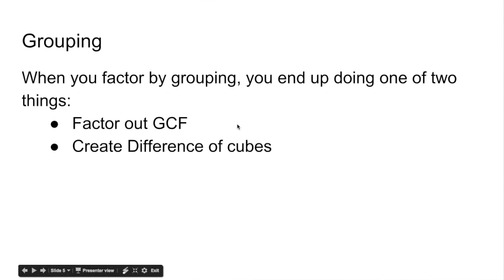So when you factor by grouping, you typically end up doing one of two things. You either find two pairs of terms that have proportionate coefficients, and this allows you to factor out a GCF, or you find two perfect square trinomials, and then you can use difference of squares to finish factoring.